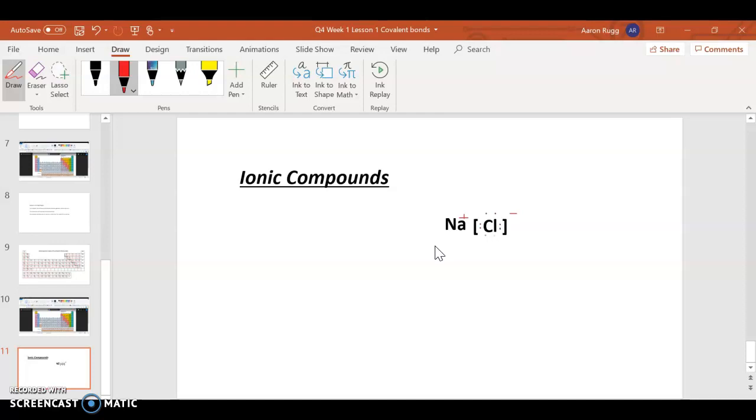Now let's say I want to do the chemical formula. So if I just want the chemical formula, then I don't need all this, right? Get rid of all these dots and drawings.